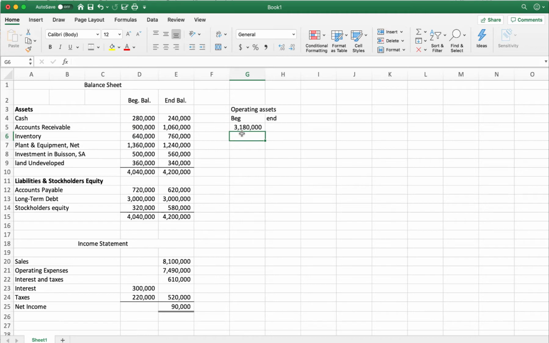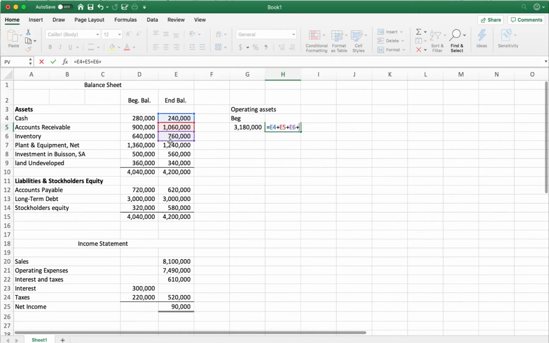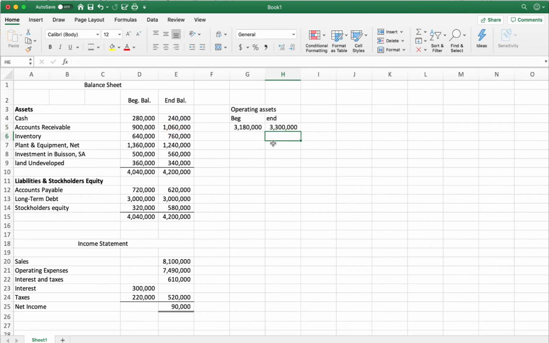I get 3,180,000. I'm going to do the same thing for the end. For the ending period, I'm going to take my cash plus those receivables plus the inventory at the end of the period plus my plant and equipment net for the end of the period. I add all those up, I get 3,300,000.